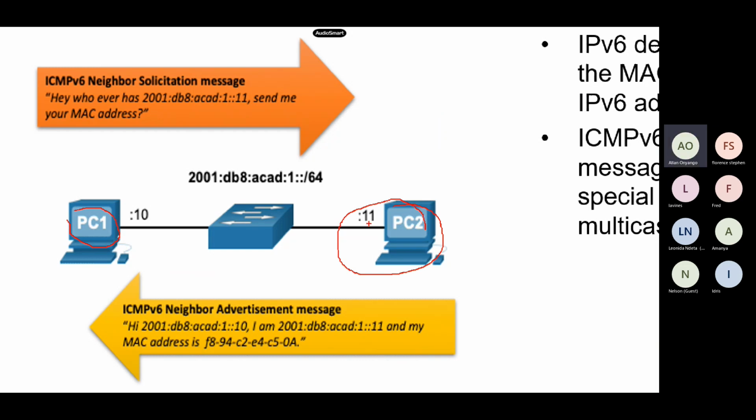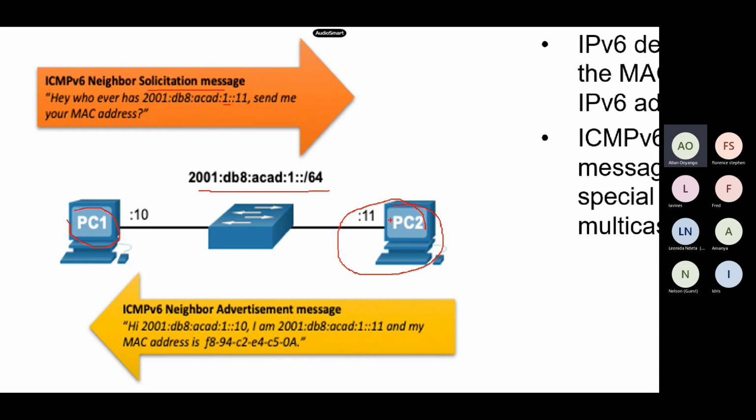But it knows the IP definitely, because they are on the same IPv6 network here. So PC1 is going to send an ICMP neighbor solicitation message saying, hey, whoever has the address 2001:db8:acad:1:11, please send me your MAC address. That's the neighbor solicitation message.